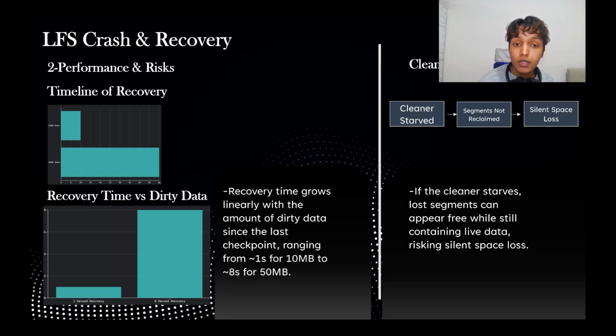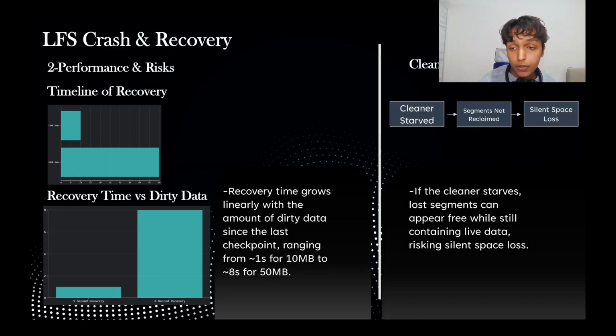Using segment summaries, it reconstructs the latest consistent state. So recovery time depends on how much dirty data exists since the last checkpoint, and this can be 1 second or even 8 seconds depending on how much was written.